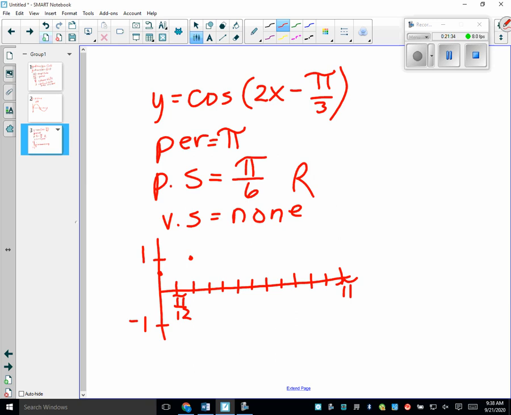Now doesn't the cosine graph somewhere go through 0? Where? 5 pi over 12, I think. Trace it. How do you do it with y? You don't.